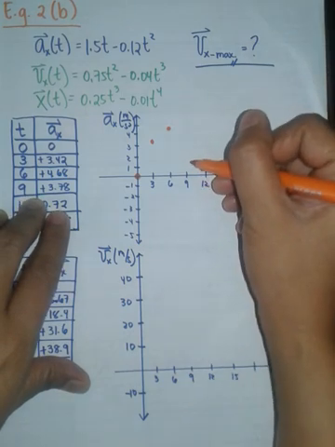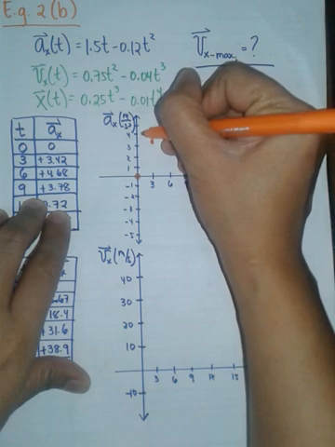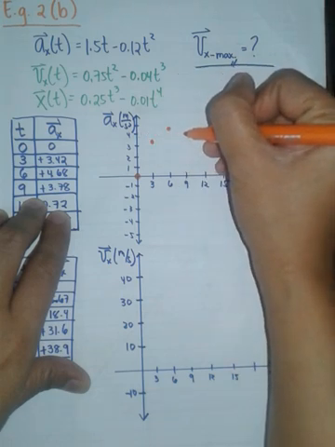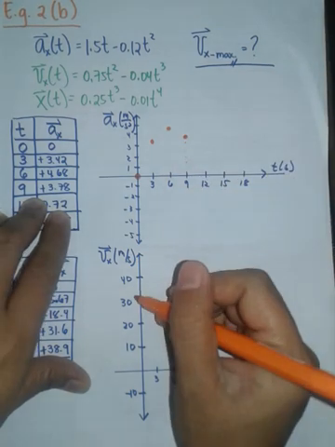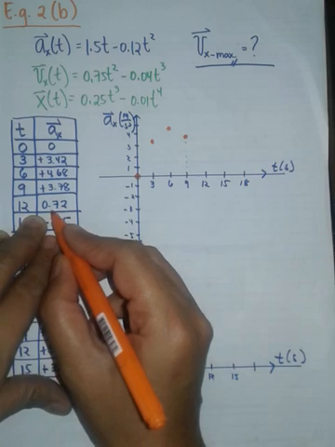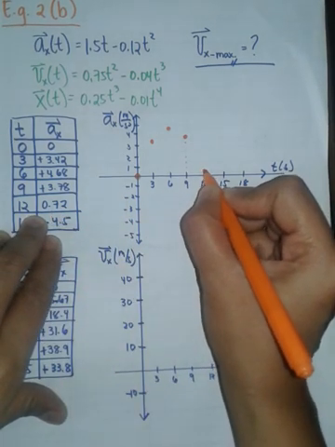9 is 3.78. So it has decreased by time 9. If this is 4, then 3.78 is a bit lower. That's for time 9. And then time 12, it's almost 0, 0.7, so somewhere here perhaps.